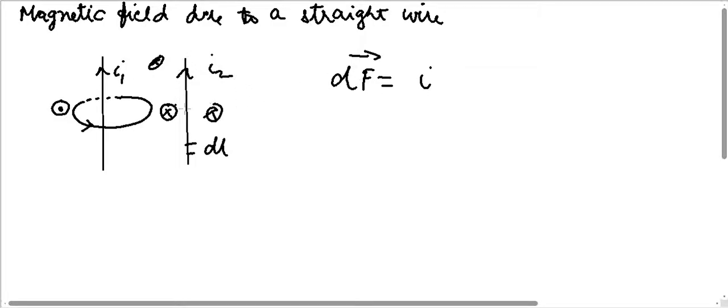If I place an electrical wire carrying current I2 in a magnetic field B, suppose this magnetic field B is created because of this wire, the small force is given by I dl cross B.